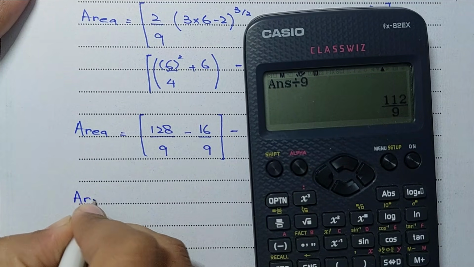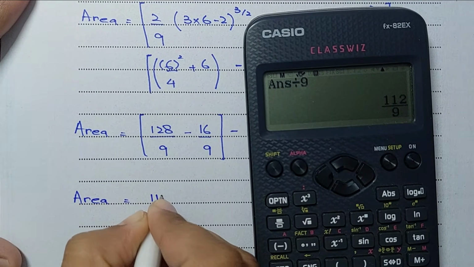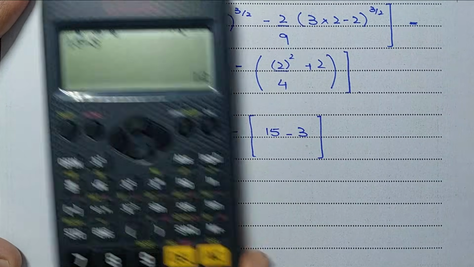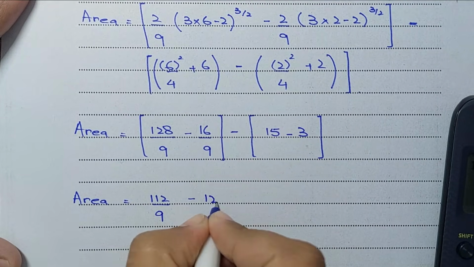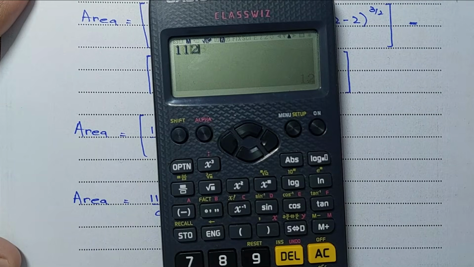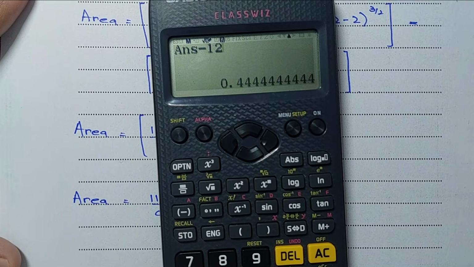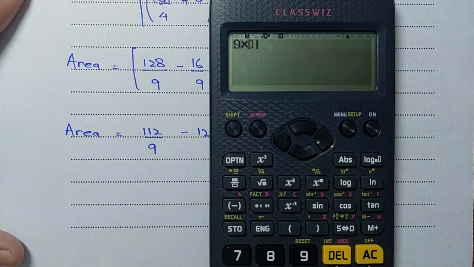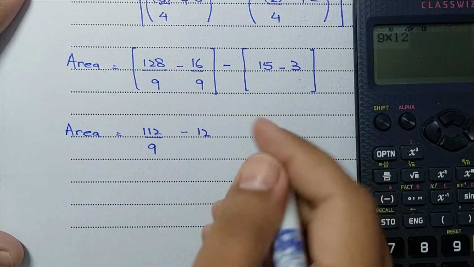So 112 over 9, and 15 minus 3 is 12, so negative 12, right? 112 divided by 9 minus 12 would be 0.4444. Or we can write it in exact form as well. 9 times 12, cross multiplied, is 108.